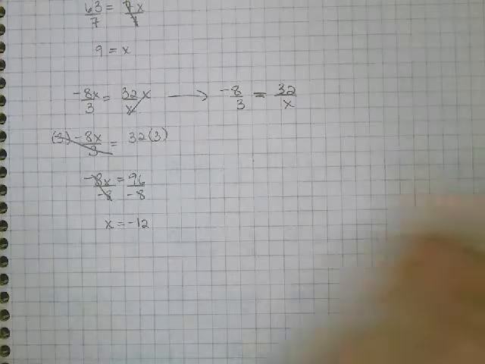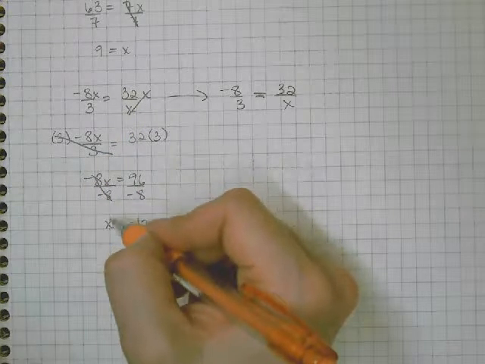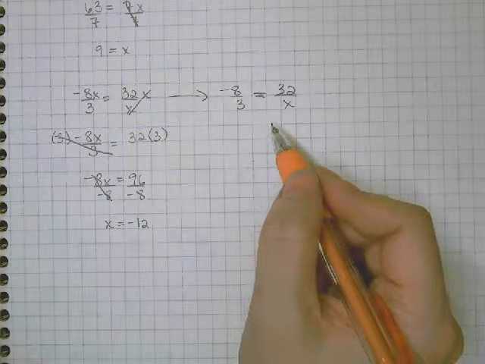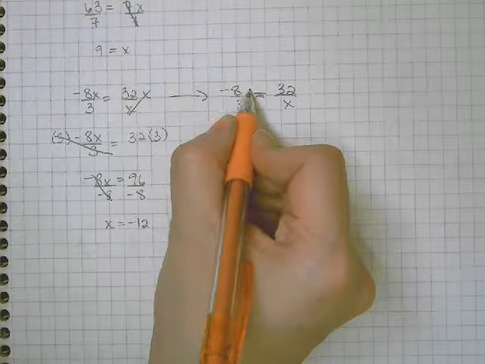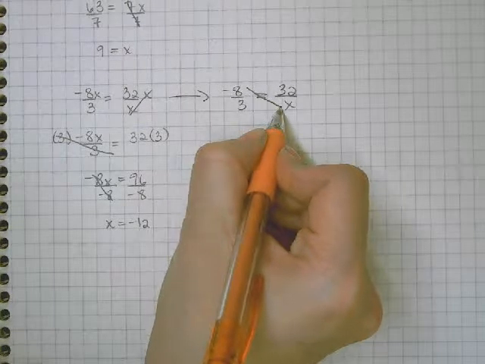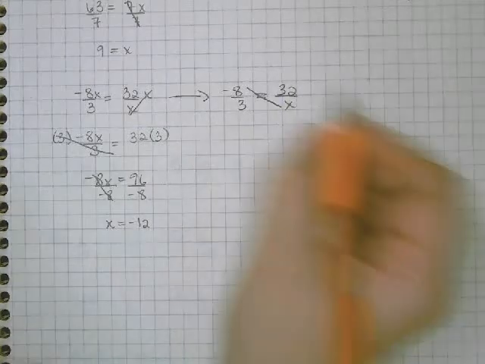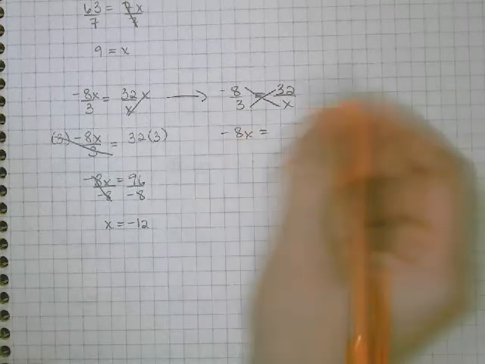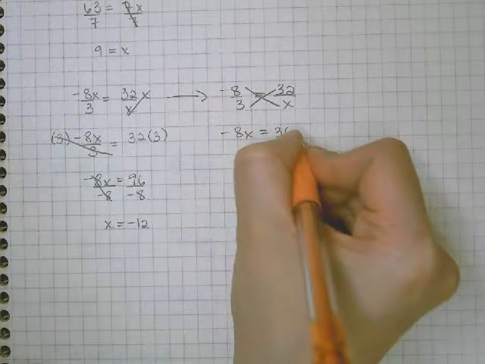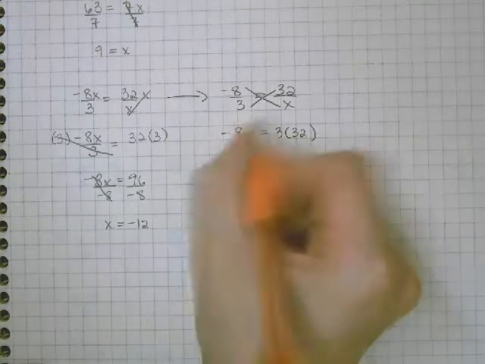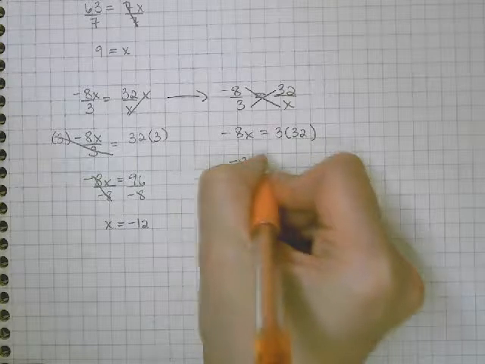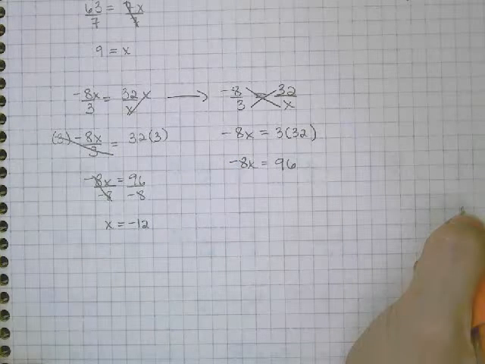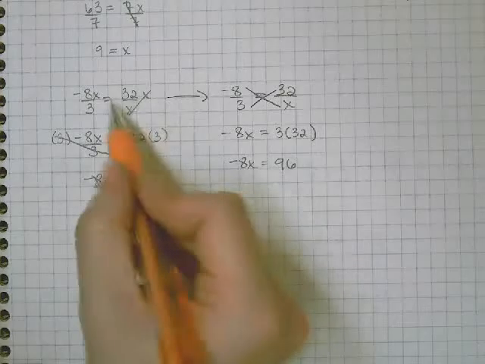Mathematically, it's the same process as this, but it's a few steps difference. So here I multiply across: negative 8 times x, so negative 8x, and then 3 times 32, so negative 8x equals 96. So I just saved myself one extra step.